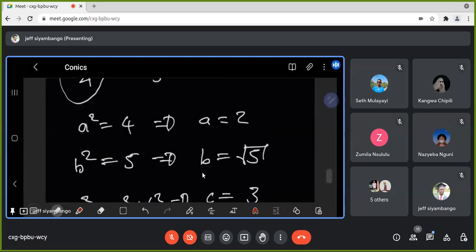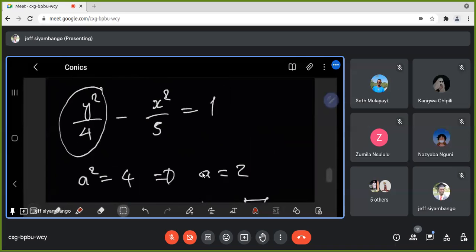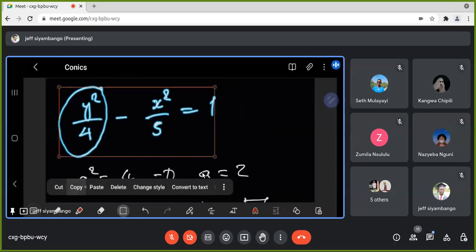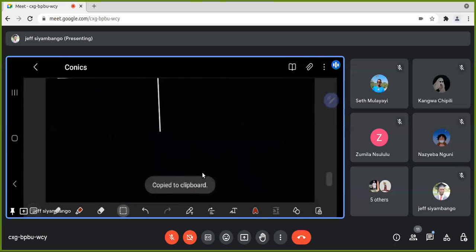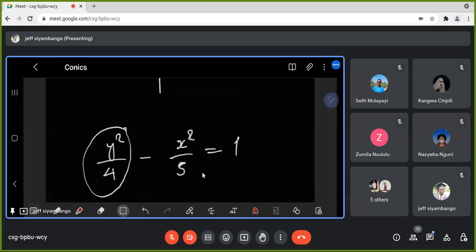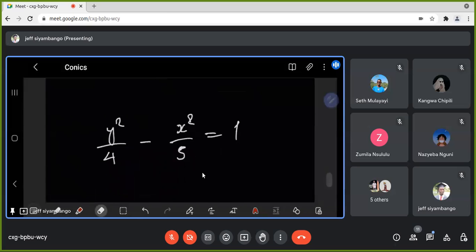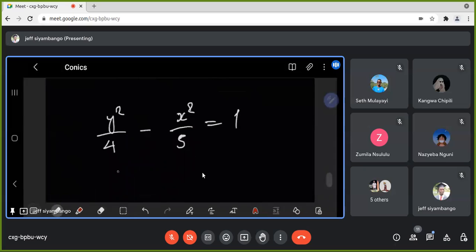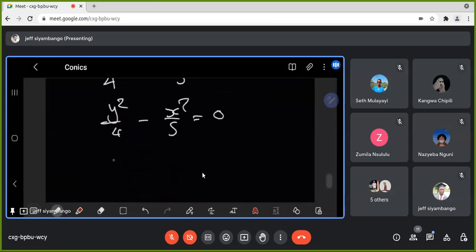To find asymptotes, you must first get this and plug in 0 where you have 1 and make y the subject. So you have this. Putting 0 where we have 1, we end up with this equal to 0. Make y the subject, we end up with y squared over 4 equals x squared over 5.